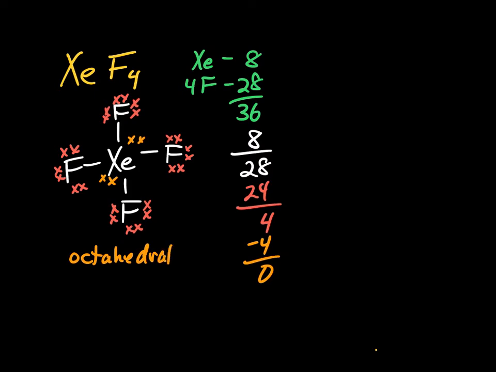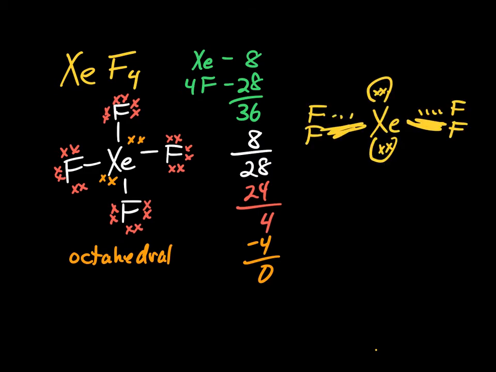So what would it look like in 3 dimensions? If we draw the structure and get the unshared pairs of electrons, because remember, they squeeze closer to the atom, so those 2 regions need to be farther apart. The way to get them the farthest apart is to actually put them opposite each other on the xenon, which leaves us, if we connect our fluorines, they're all in the same plane.